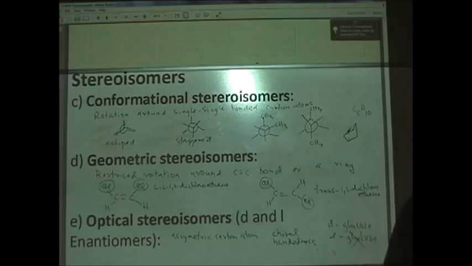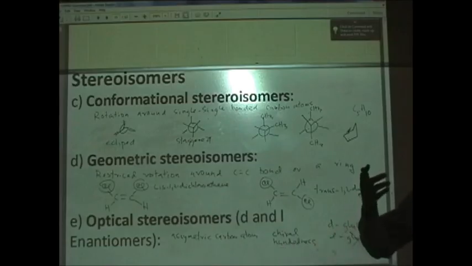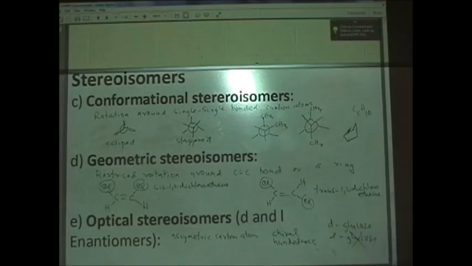There's no optical activity because this is a mirror image, but you can superimpose here. The chirality comes from the 4 different groups attached to carbon. We're going to talk about this, at least you got an introduction, right?